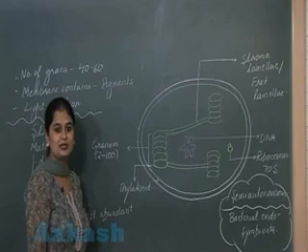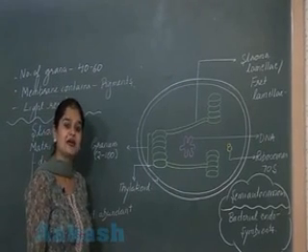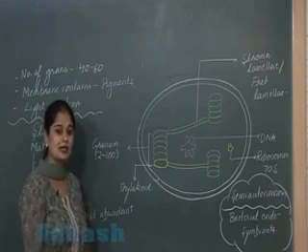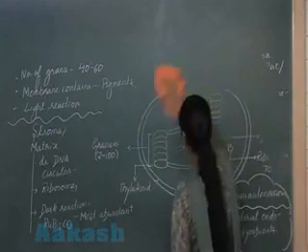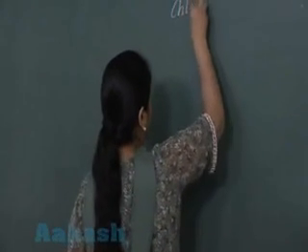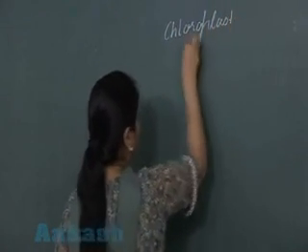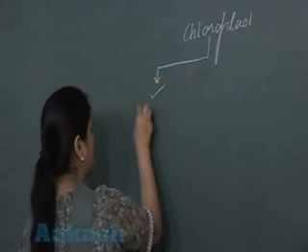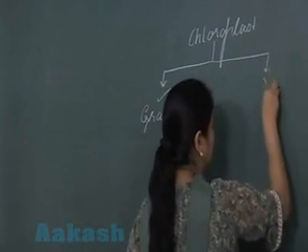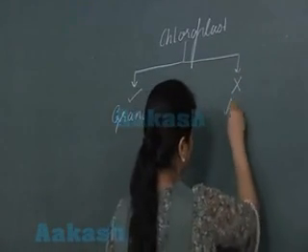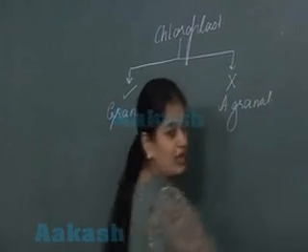And if the grana formation is absent then they are known as agranal chloroplast. So here we will discuss where granal and agranal conditions are present. So on the basis of the presence or absence of the grana, the chloroplast can be divided into two types. अगर क्लोरोप्लास्ट के अंदर ग्राना बनेगा तो हम कह सकते हैं ग्रानल क्लोरोप्लास्ट, right. और अगर क्लोरोप्लास्ट के अंदर the grana formation is absent, this is known as agranal chloroplast.